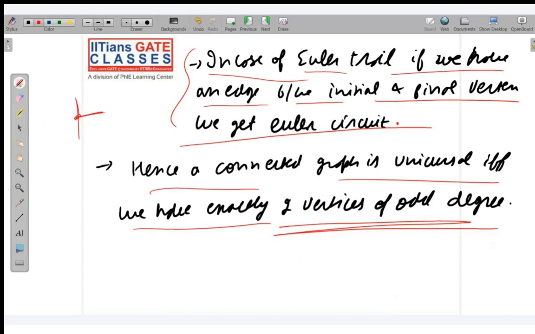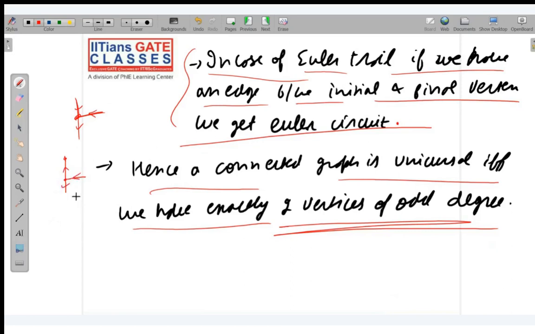From here you will come in, from here you will come out, and then again you come in. So there is no way to go out. You can take another way. Here you go out, you come in, and here you go out. Then no way to come in. That is the problem.